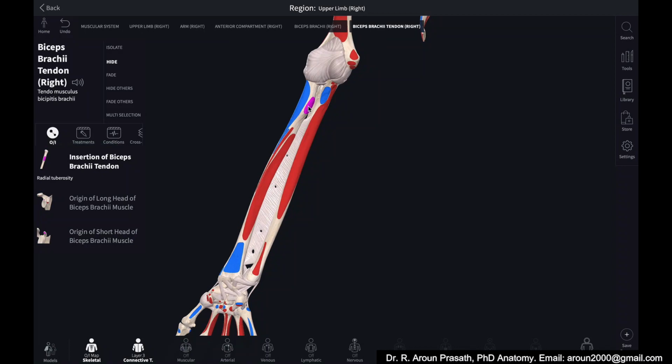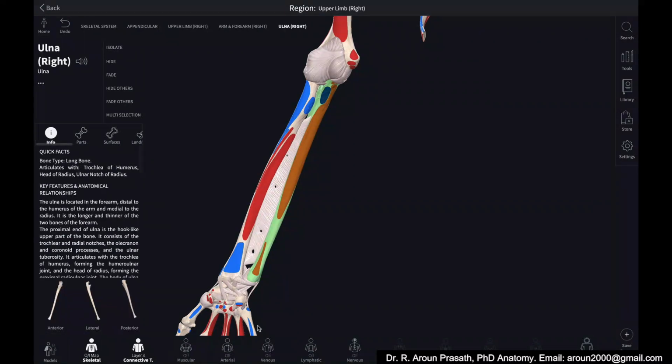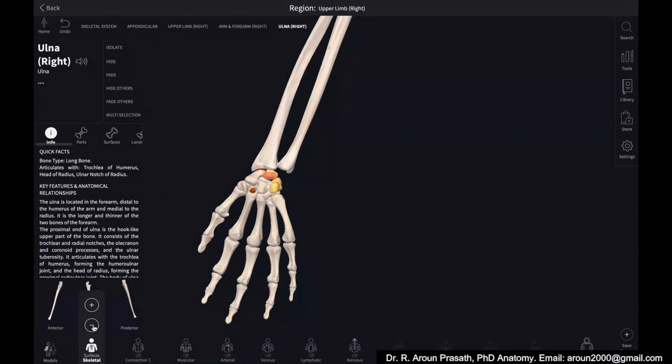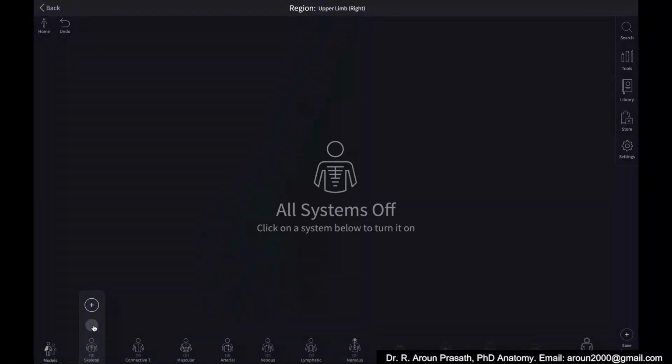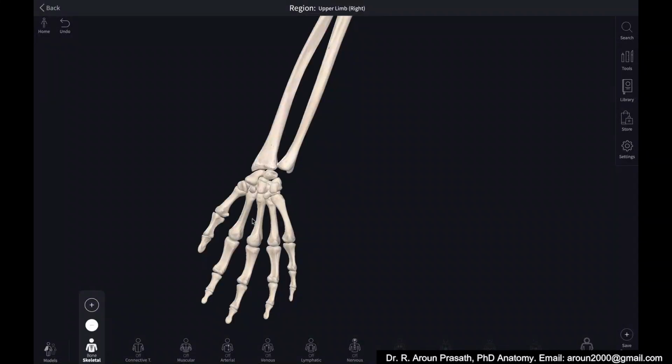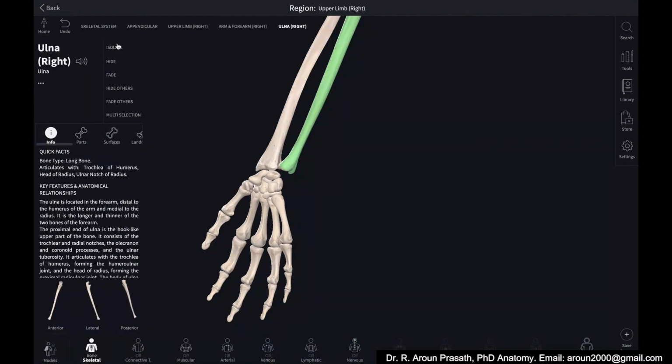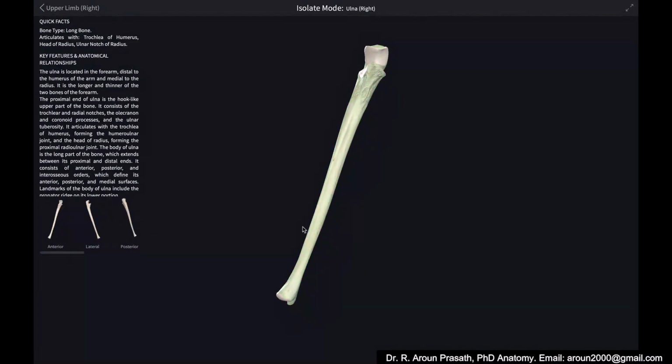Coming to the lower end of the ulna, you see the lower end of the ulna has the head.